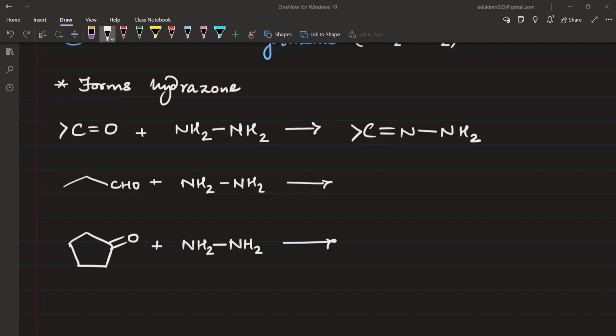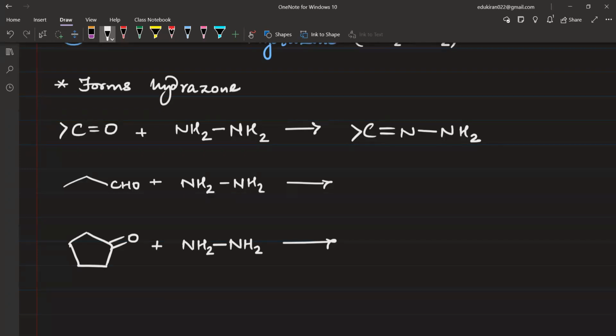Alia has sent the answer. Yes, Alia, the first one is correct. The second one is also fine. Hafsa has also sent the answer, NH2 and NH2. Very good. And Mariam Khatun, double bond N and NH2. Correct.